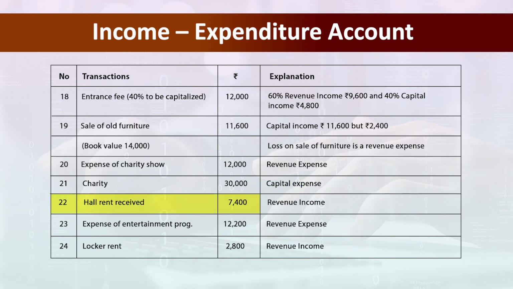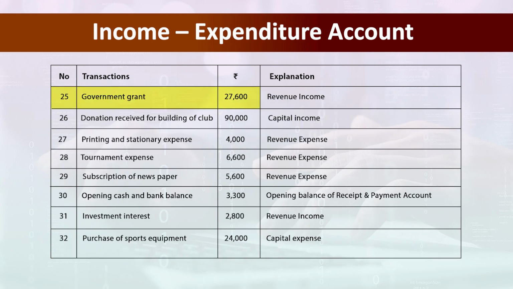Hall rent received of rupees 7,400 is a revenue income. Expenses of entertainment program amounting to rupees 12,200 is a revenue expense. Locker rent of rupees 2,800 is a revenue income. Government grant of rupees 27,600 is a revenue income. Donation received for building of club amounting to rupees 90,000 is a capital income.